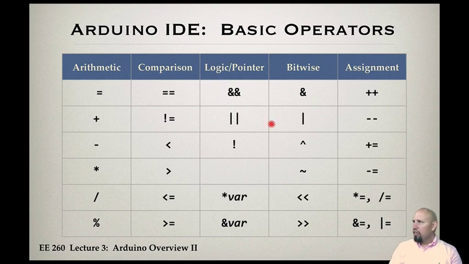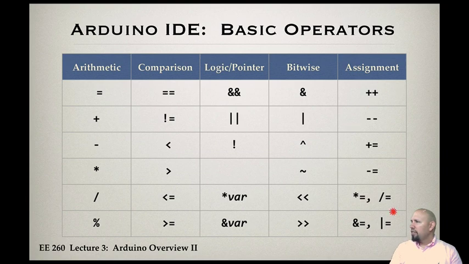This one here, I take the individual bits and OR them together. And this is the exclusive OR. And this one allows us to shift bits left and right, and so forth.